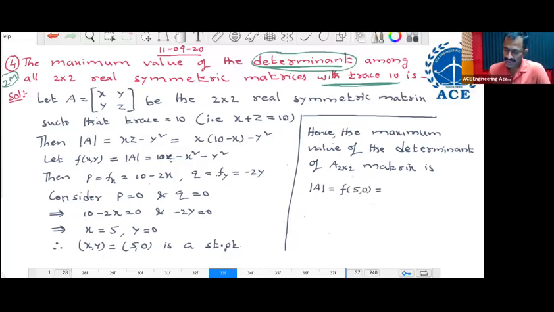Now here the determinant is 10x minus x square minus y square, with x equal to 5 and y equal to 0. 10 into 5 minus 5 square minus 0 square. This is equal to 50 minus 25, which is 25. This is the answer.